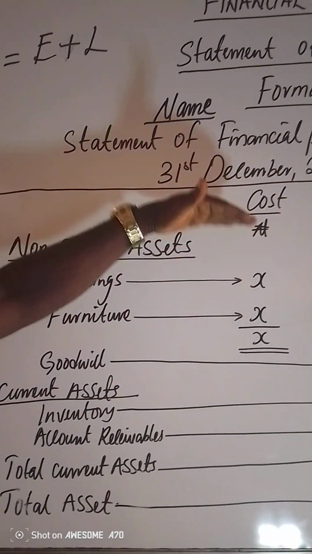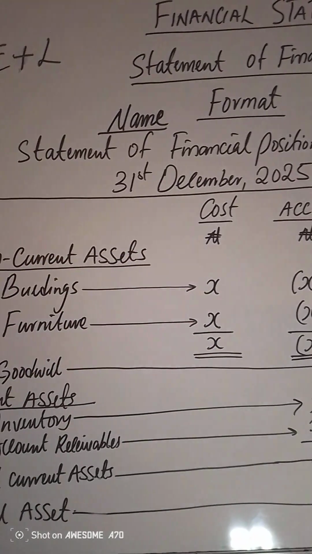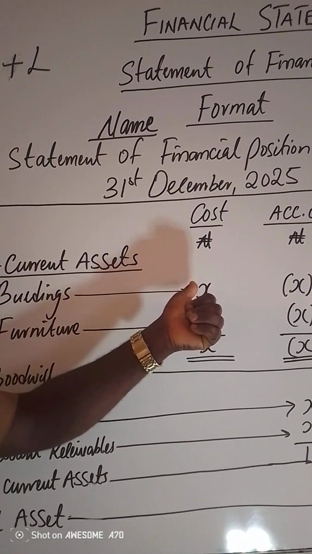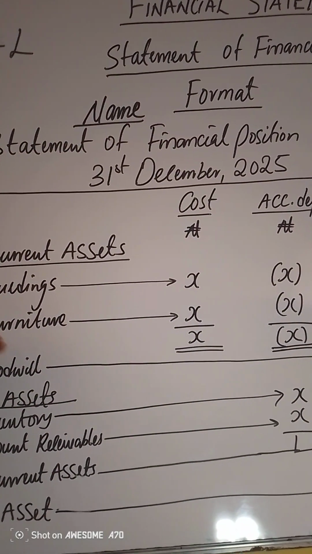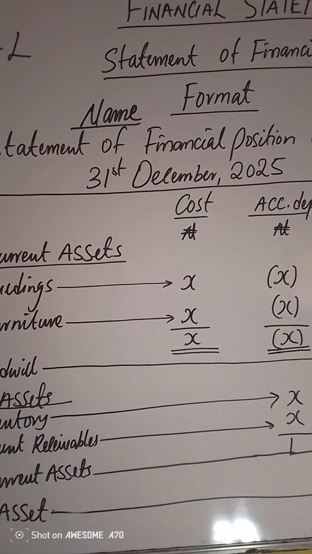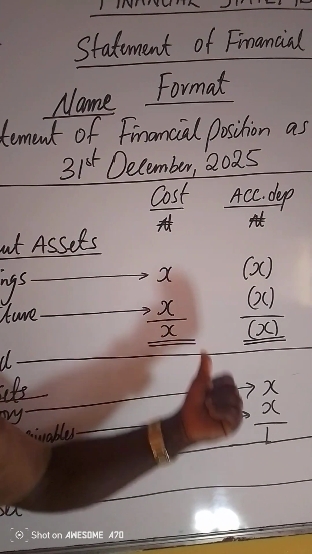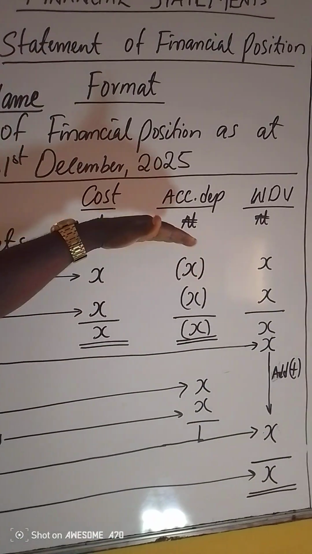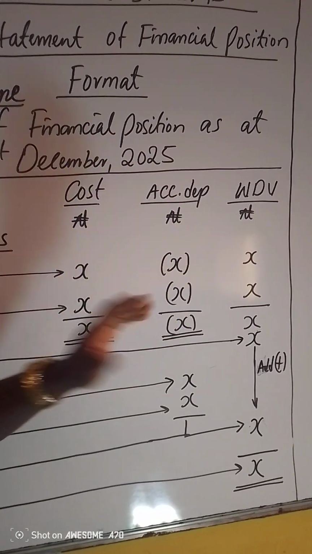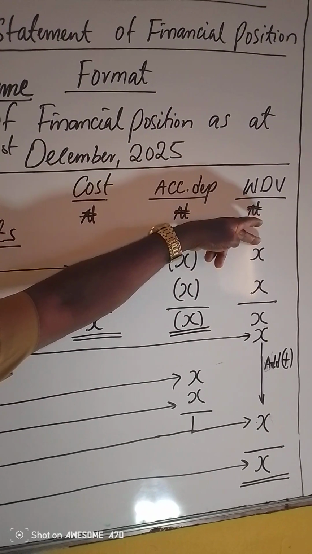Then mind you, after getting this, you close. Anytime you see two lines in accounting, it means close. You close the total cost of the non-current assets. If they are up to 5, 6, 7, even 10, just add them all, get the total and close it neatly. The same applies to the total depreciation: add all the depreciation together and get one value. Then you also add the written down value.